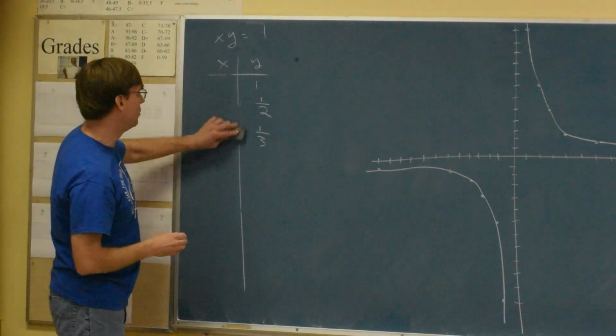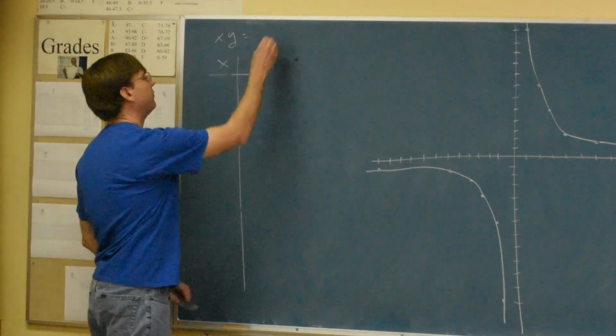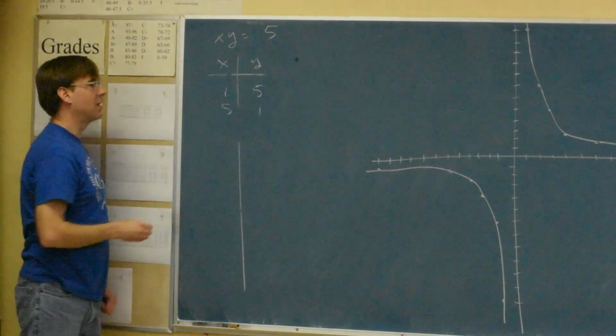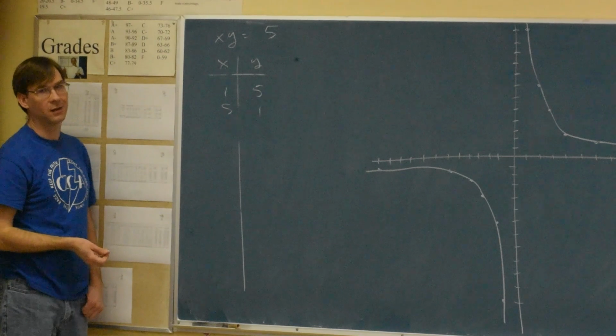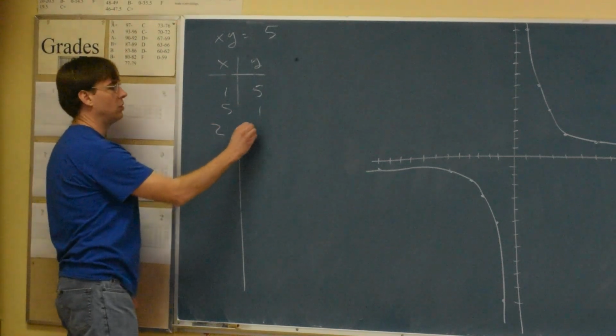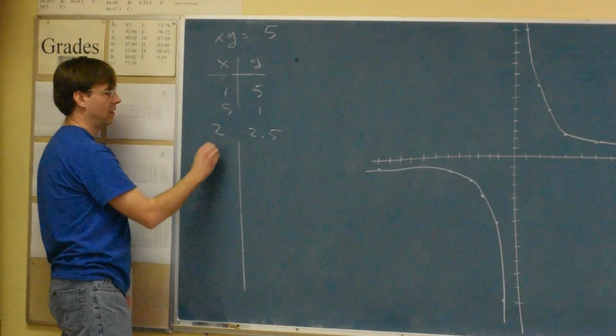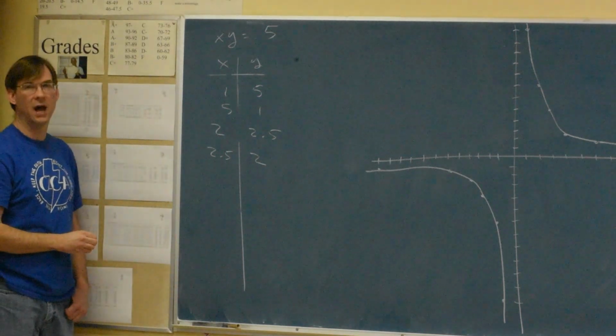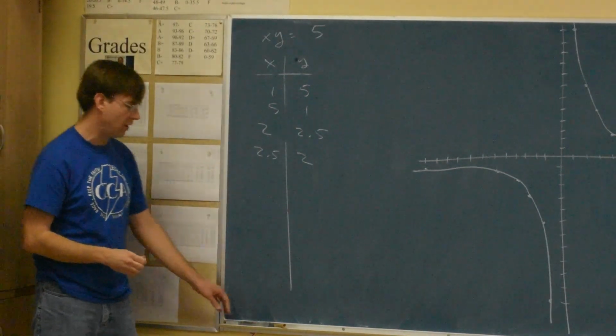Or if they threw you something like 5, 1 times 5 and 5 times 1 wouldn't be enough to play connect the dots with. You might have to do 2 with 2.5, and the reverse. 4 dots is probably enough. Okay, and then do the negative versions of those.